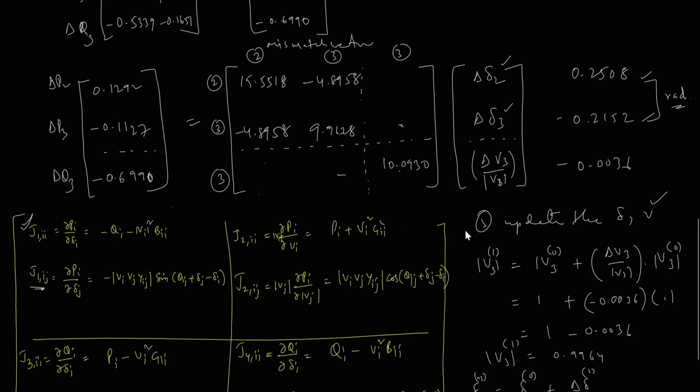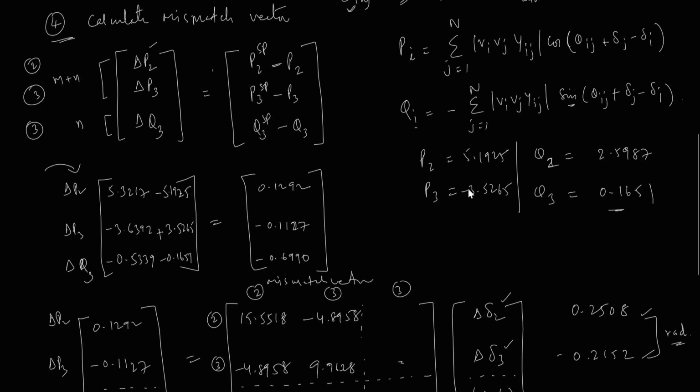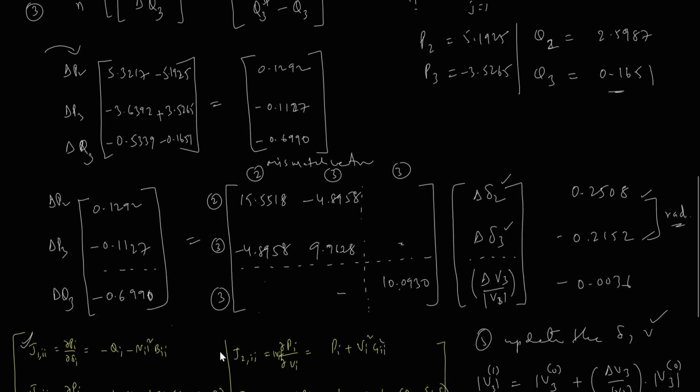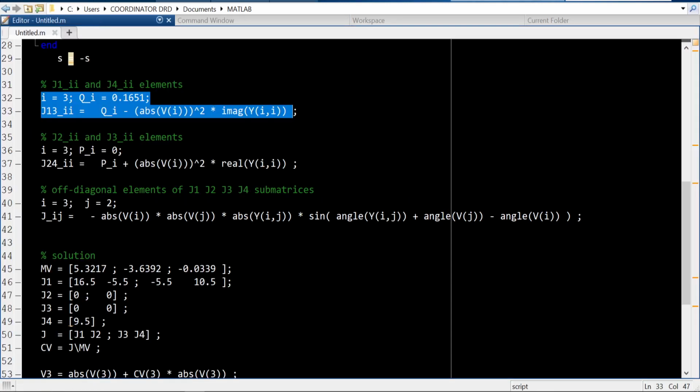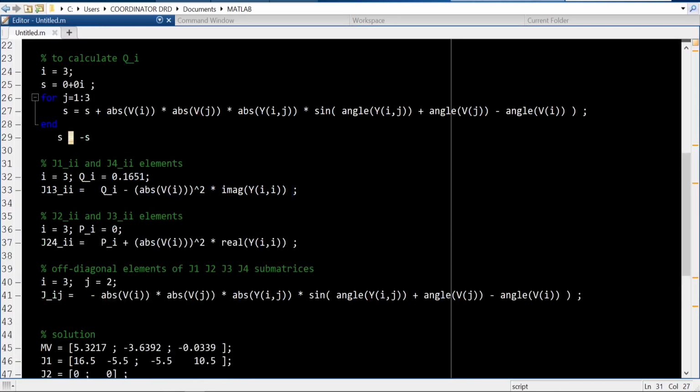For P3 I want this value. Please remember 3.5265, minus 3.5265, and this is 3.